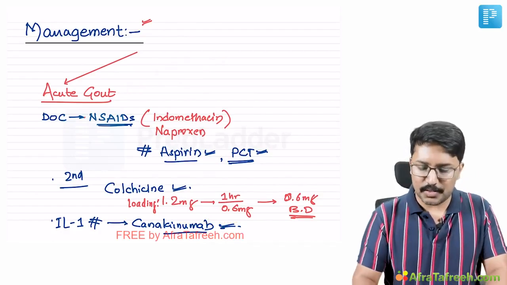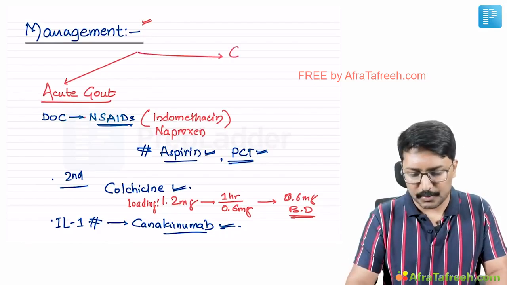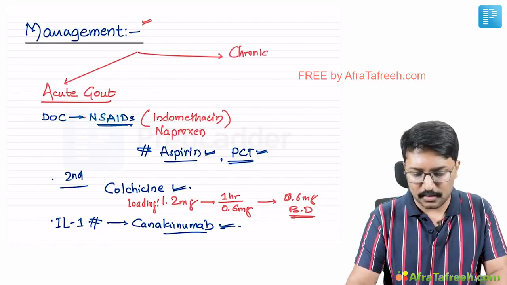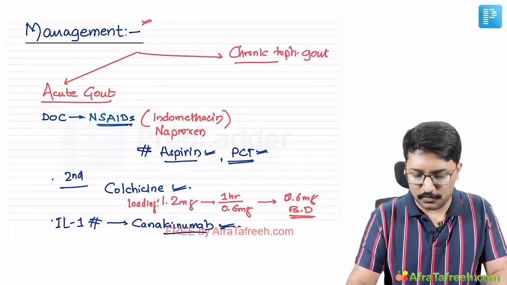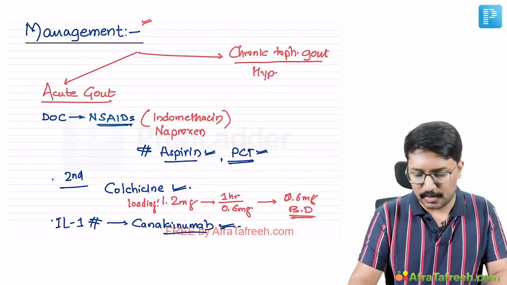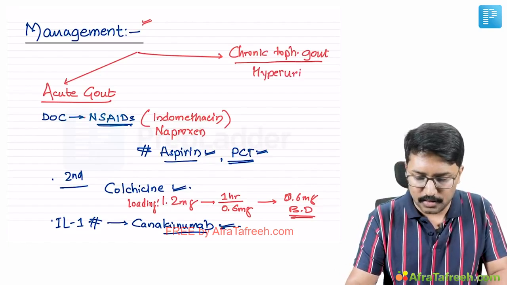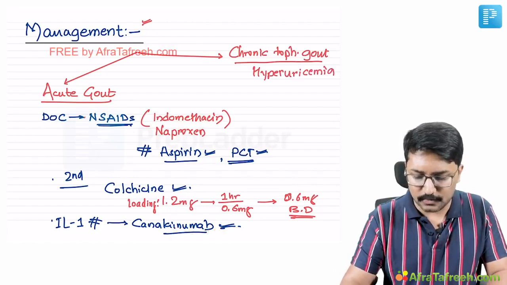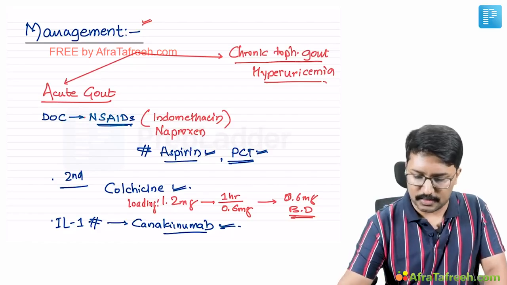Now, once the patient presents with chronic tophaceous gout or other manifestations of hyperuricemia, like hyperuricemic renal injury, what are the treatment approaches, right? So just let me put a slide.